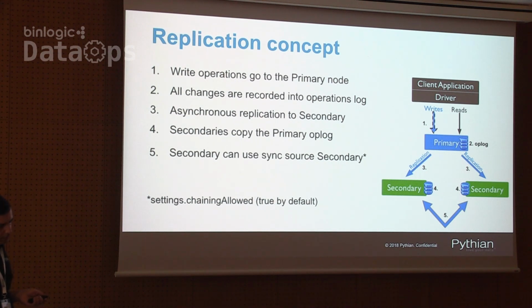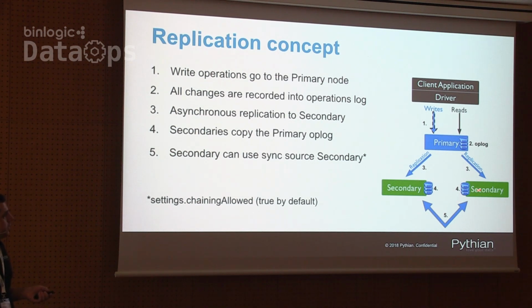And that's true by default with MongoDB 3.2 and above, which means that if this secondary wants to replicate from this secondary, it will offload the primary so that these two can communicate.